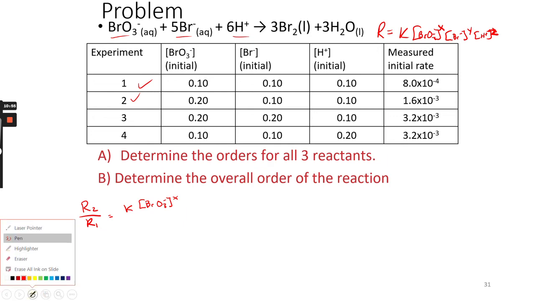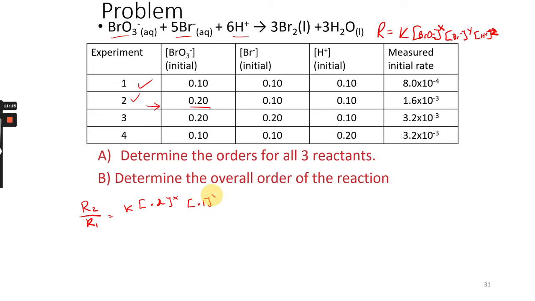Actually, instead of writing this, I'm going to write the concentrations in there. So the concentration is 0.1. Actually, it's 0.2. We're going to do 2 first. Do this one here: 0.2 raised to the x times 0.1 raised to the y times 0.1 raised to the z.